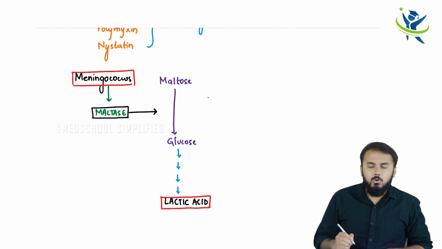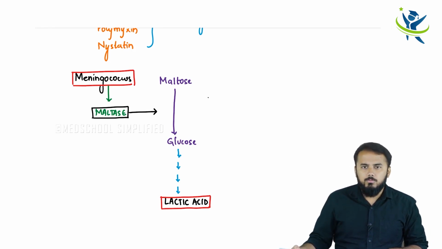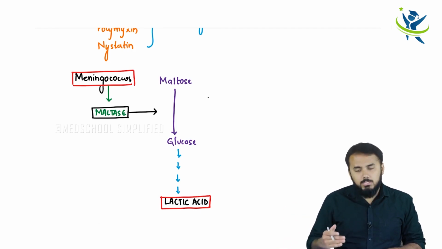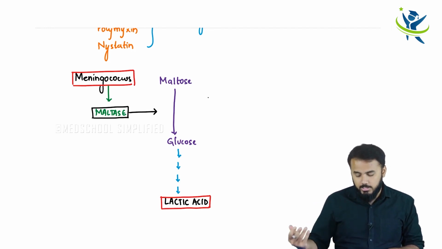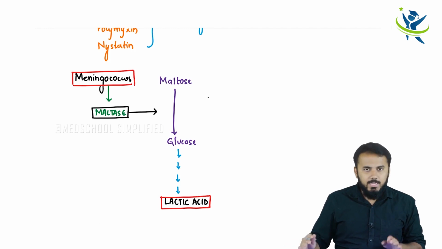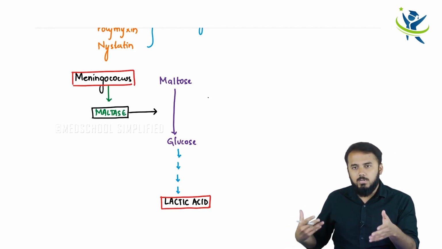So can I tell Meningococcus has an ability to ferment both maltose and glucose? Yes. And if I ask you, what is the end product of its fermentation? You can tell the end product of maltose fermentation is glucose, the end product of glucose fermentation is lactic acid. But anyways, we call this entire step till the lactic acid as maltose fermentation.